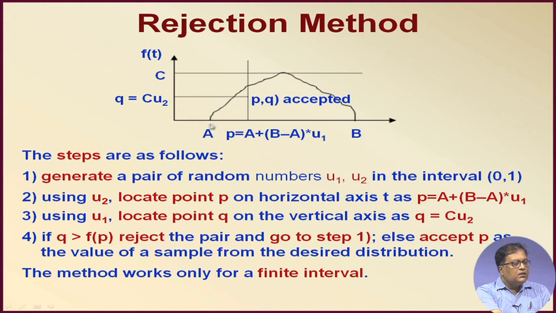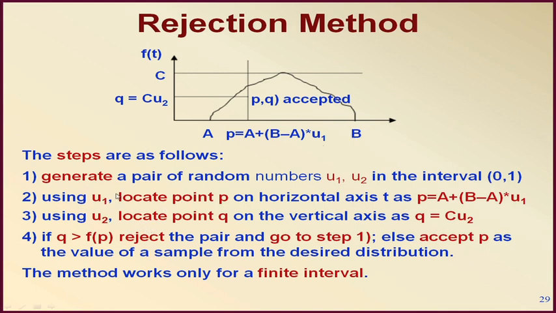The function is bounded by one value a, another value b, and let us say p is a number in between a and b and can be written as a plus (b minus a) u1, where u1 is a random number. So, let us take two random numbers u1 and u2 over the interval 0 to 1.